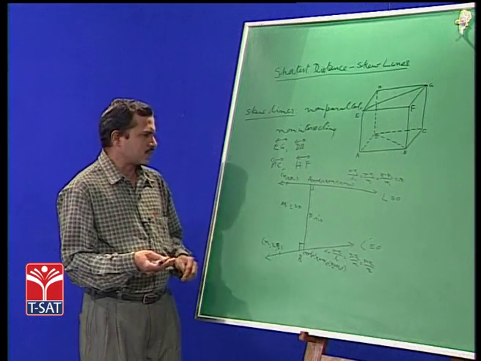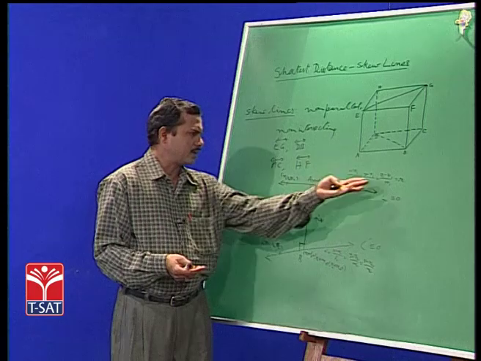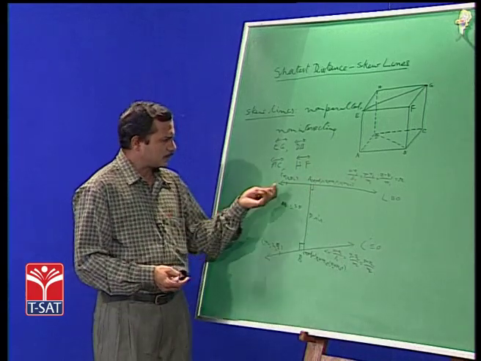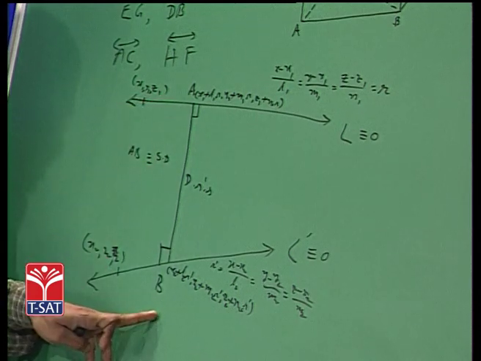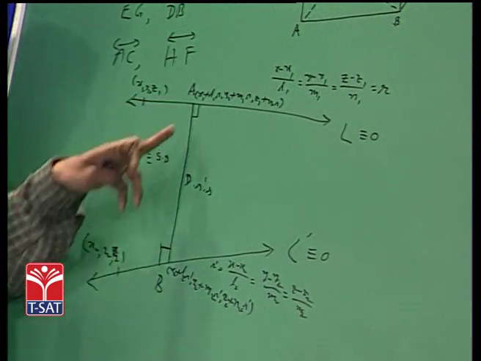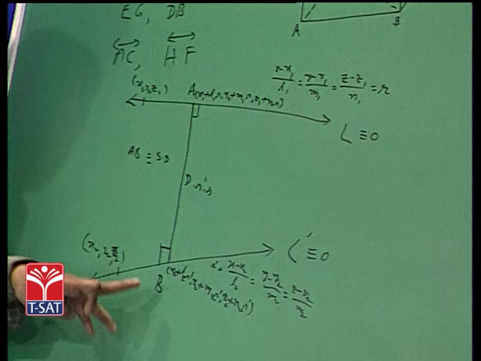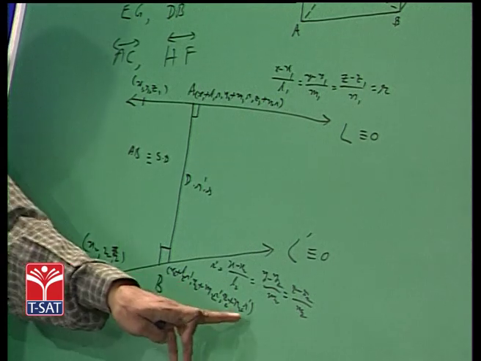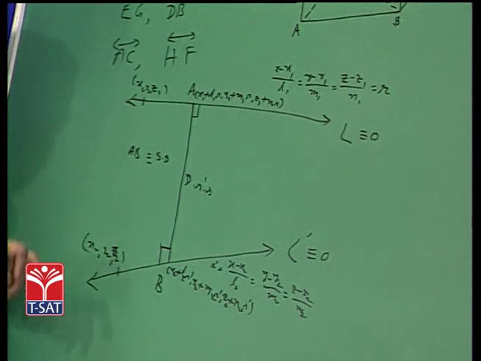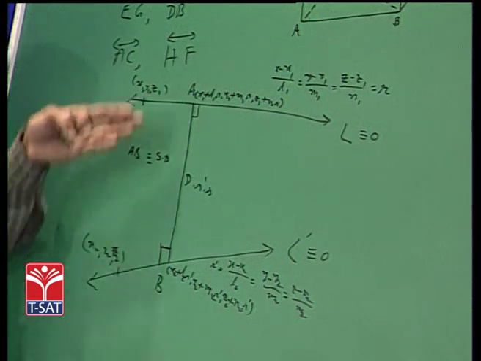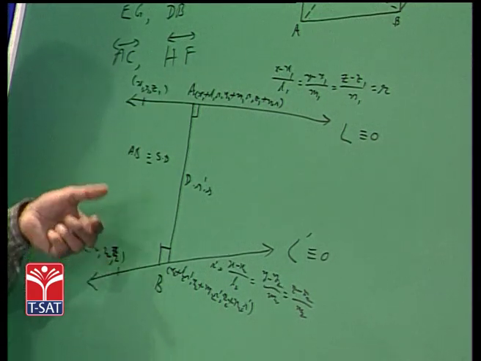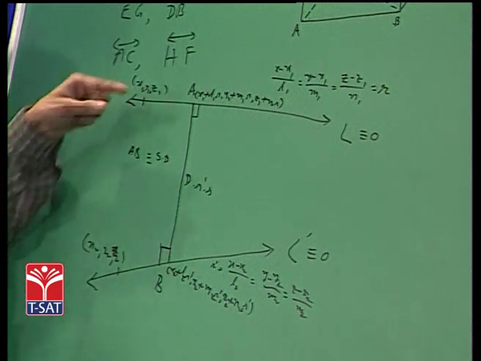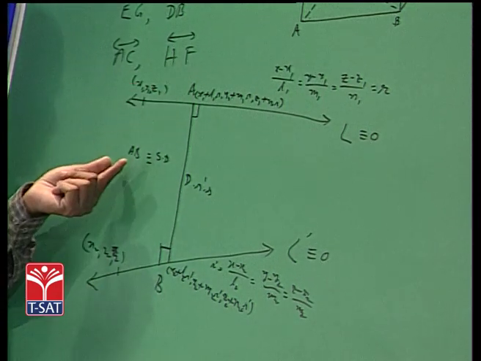So, once we obtain the values of small r and small r dash, we can obtain the coordinates of the points capital A and capital B by substituting the values of small r in these coordinates and small r dash in the coordinates of B. Once we know capital A, capital B, we can compute the length of the line segment AB, that is the shortest distance.